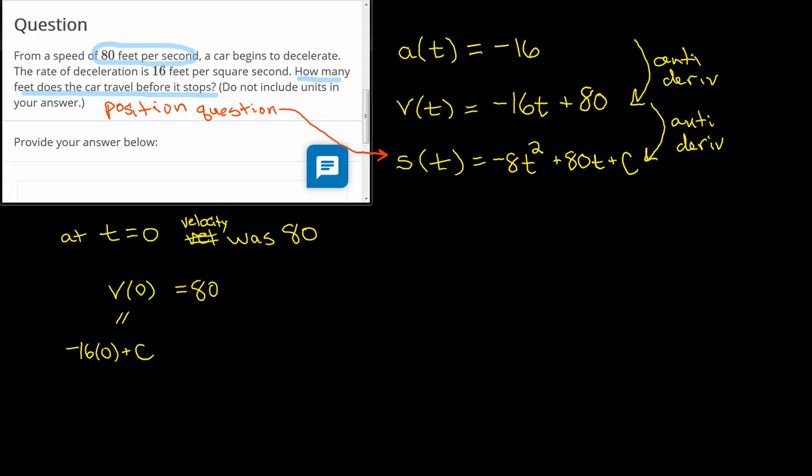It might be, oh my gosh, we're stuck. But it turns out that this number can be anything, because all we really care about is what happens when the car starts to decelerate. So it actually makes no difference where the car actually starts.